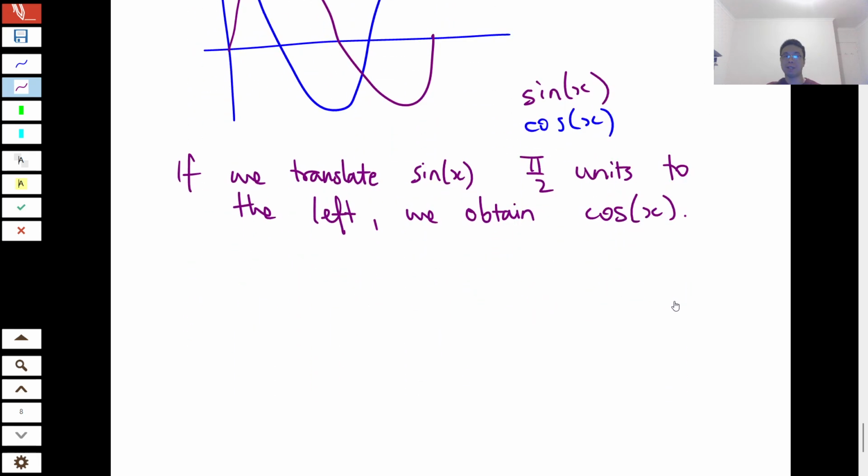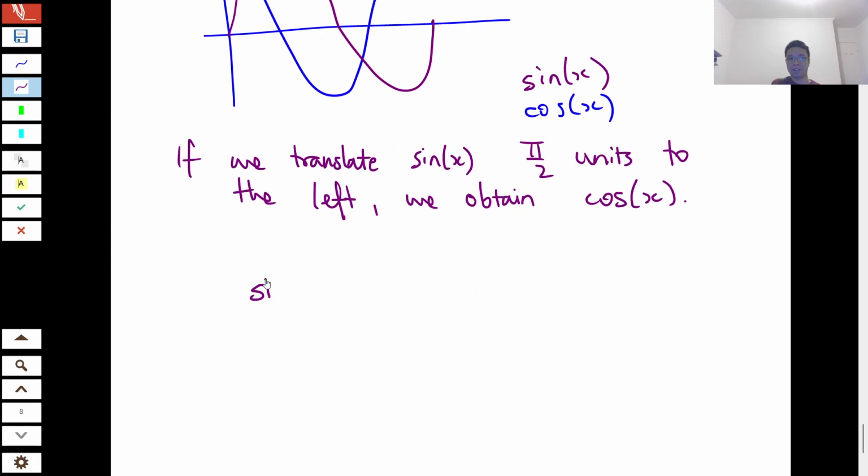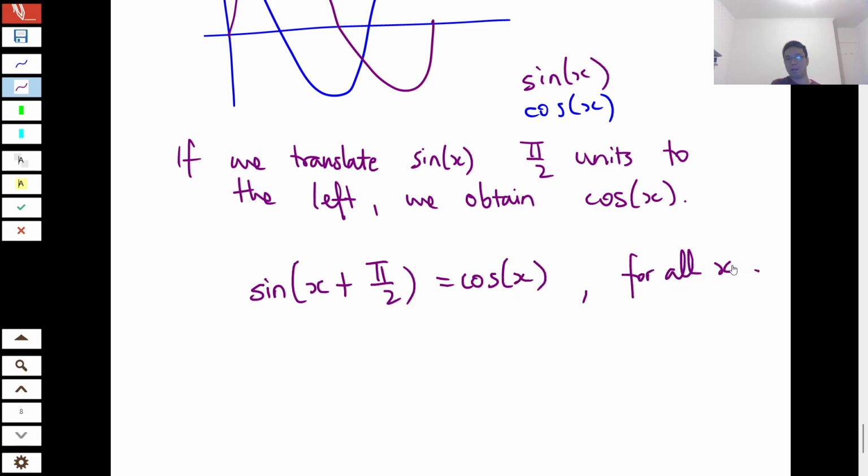Okay, so that means we've said that sine of x plus pi on 2 equals cosine of x for all x.